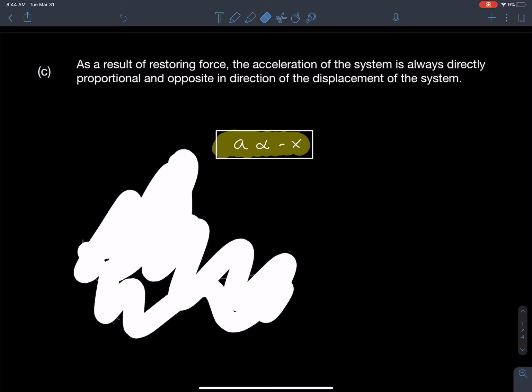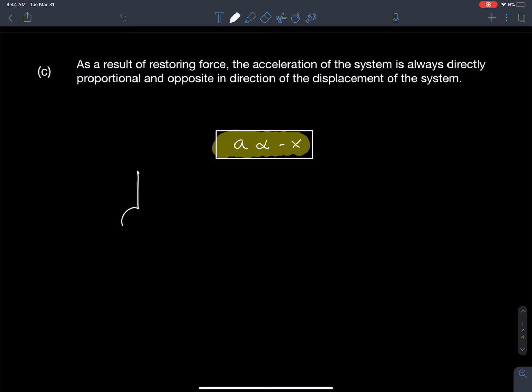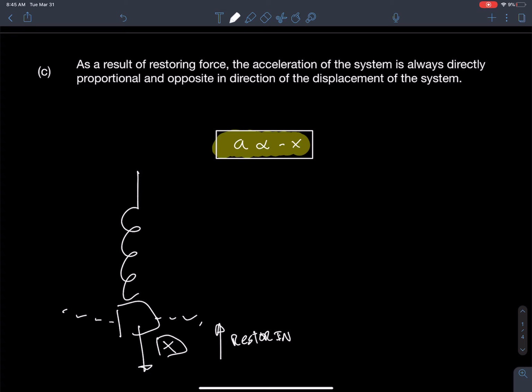And the easiest way to derive that is to look at the motion of a spring. So if I have a spring and that's my equilibrium position, and I pulled the spring by a displacement of x in the opposite direction, let's see if we can figure out that the acceleration is proportional to the negative of the displacement. So the restoring force is going to be equal to the force of tension in the spring, which is equal to k times x.